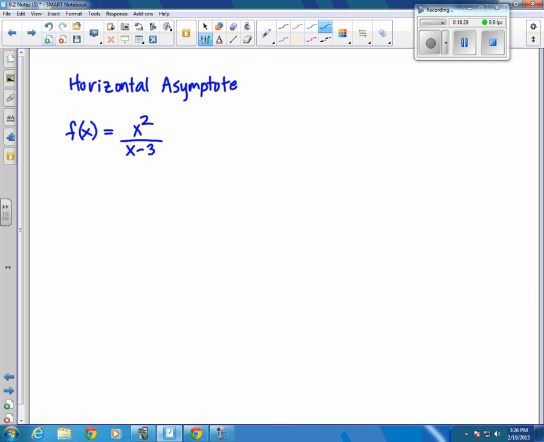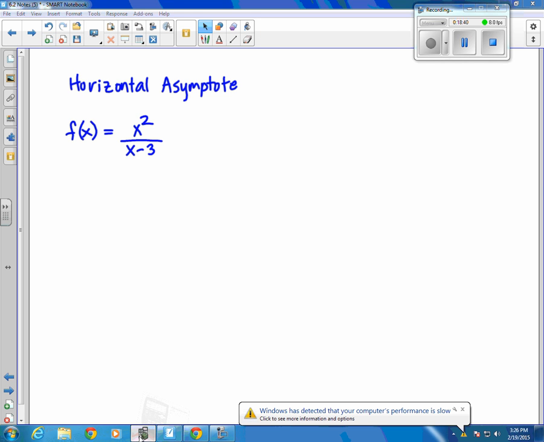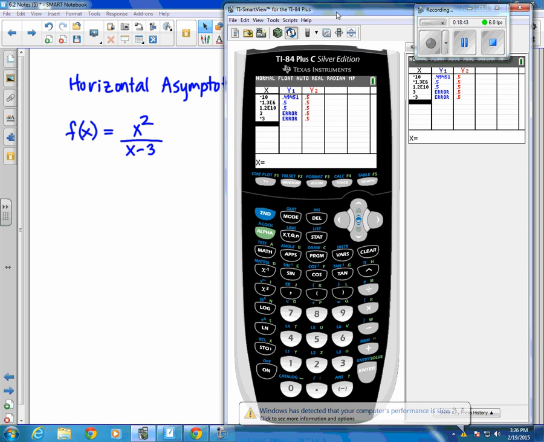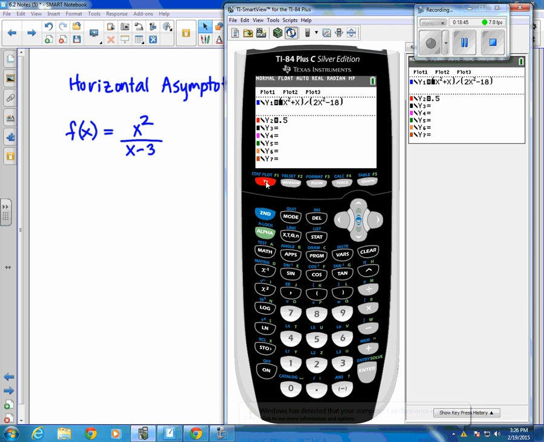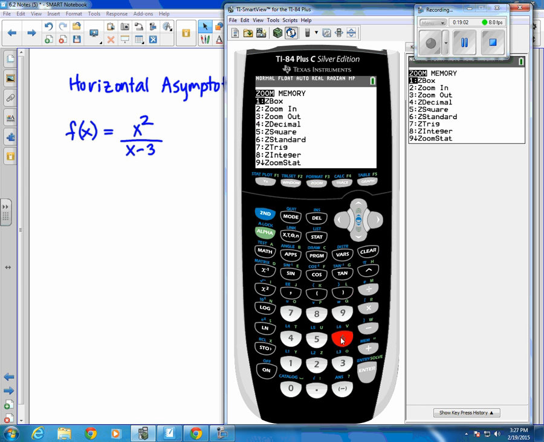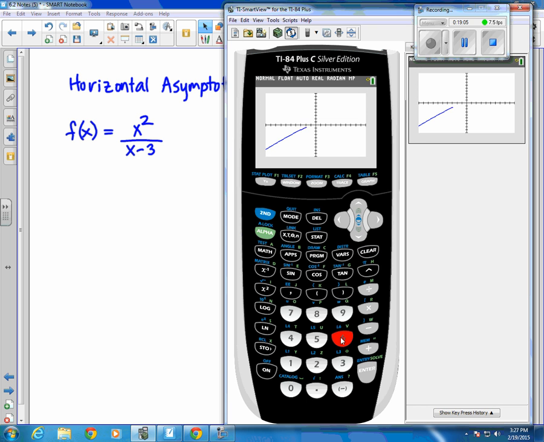So why don't you put it in the calculator and look at big values and small values of x. Don't forget to put that denominator in parentheses. He's crazy looking.